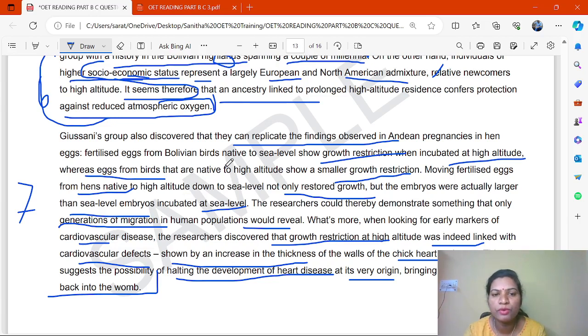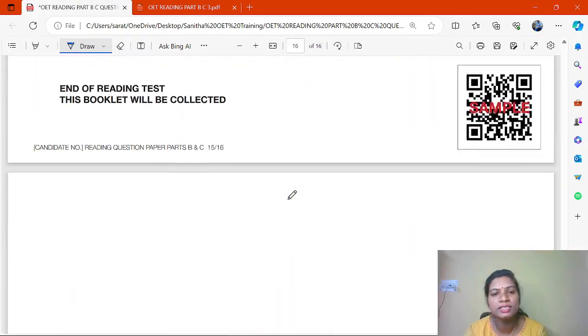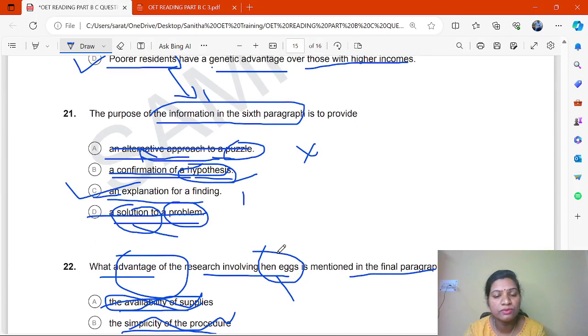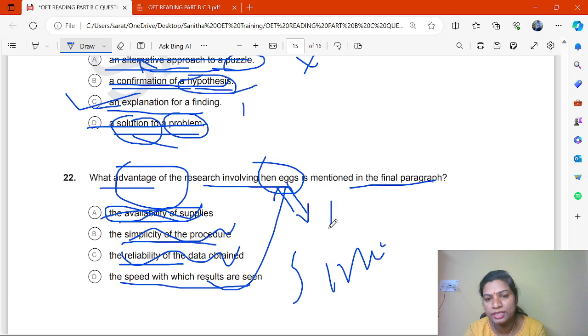What is the question they are asking? What advantage of the research involving hen eggs is mentioned in the final paragraph? Okay, the speed with which results are seen. So it took only a small duration of time to get the result. They used the hen eggs, so only within a short duration of time they got the result.